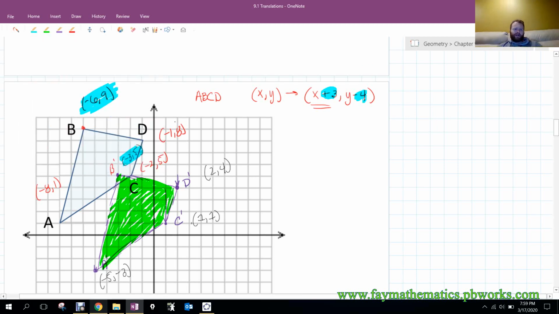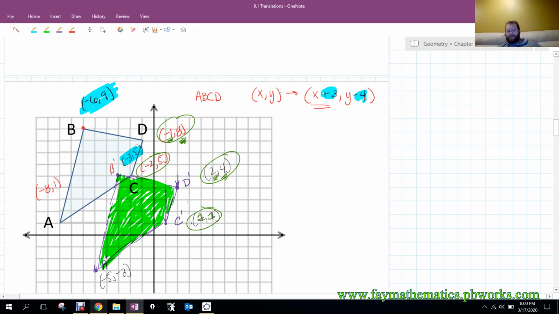If I start at D and go to D prime, add 3 to -1, and it gives me that 2. Subtract 4 from that 8, and it gives me that 4. Let's go from C to C prime. Add 3 to -2, and it gives you your 1 here. Subtract 4 from 5, and it gives you that 1 there.